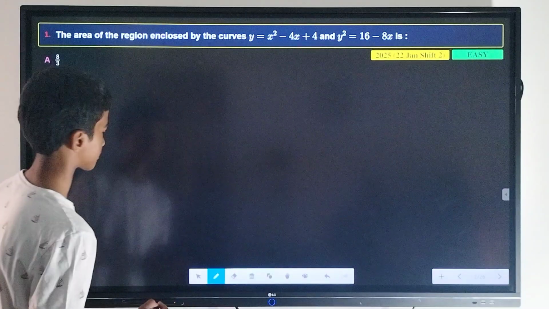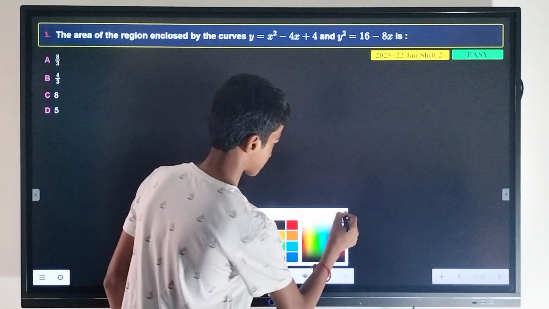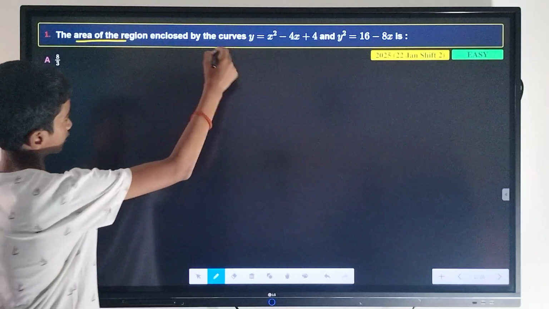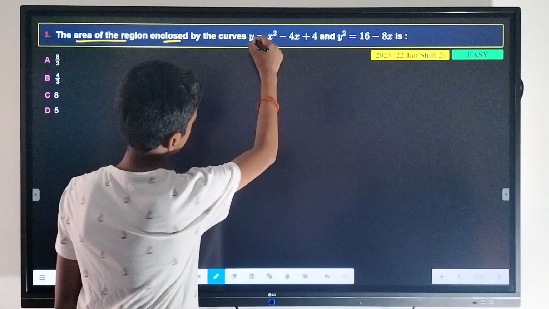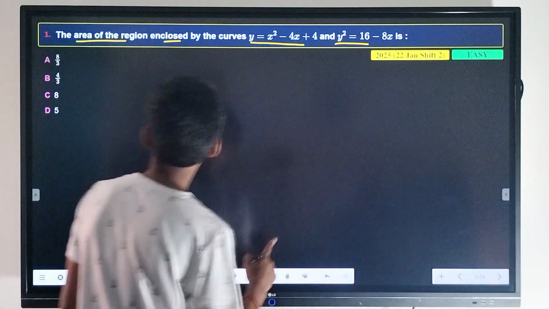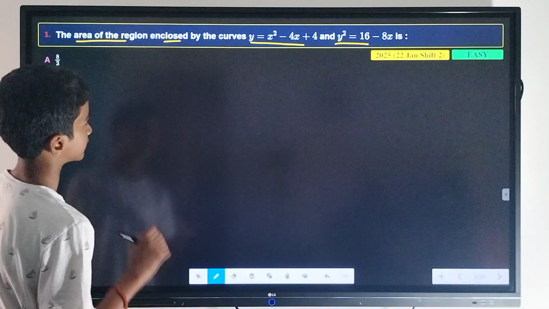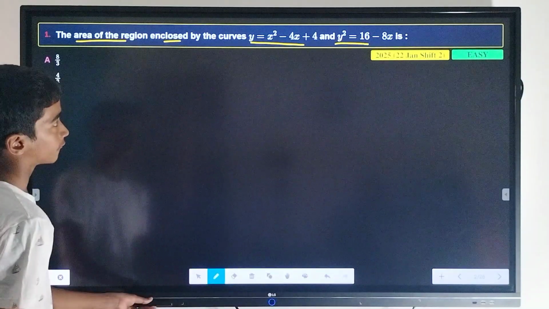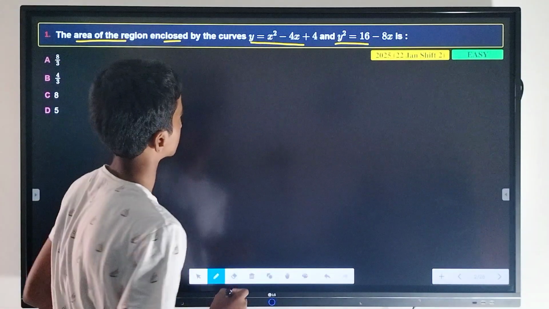Here is our first question now. Our question says the area of the region enclosed by the curves, this curve and this curve is. So in this question we need to find the area between these two curves. So first of all, let's write these two curves.